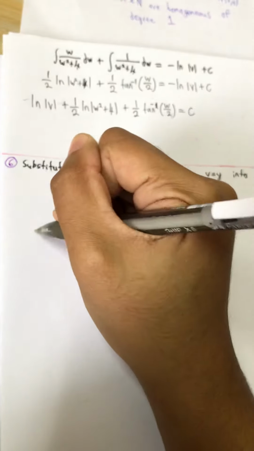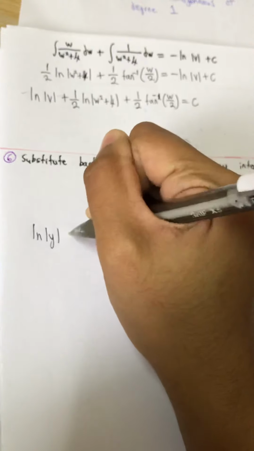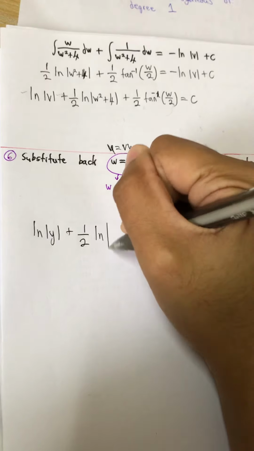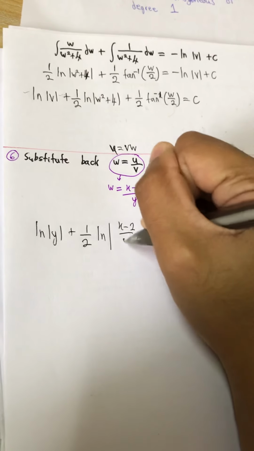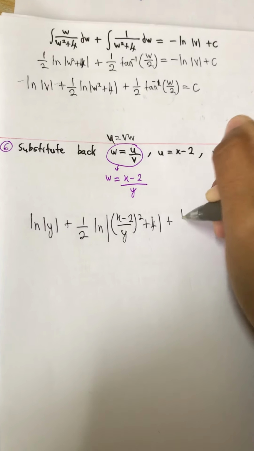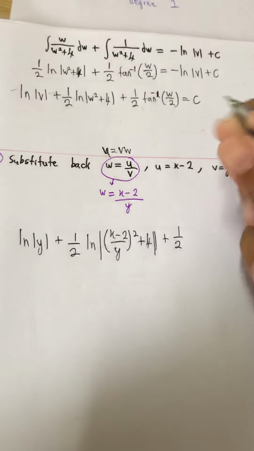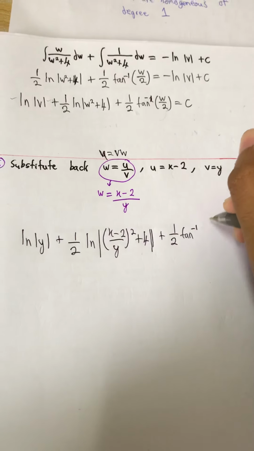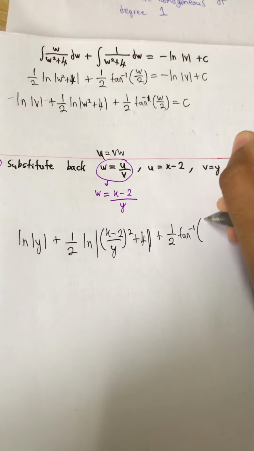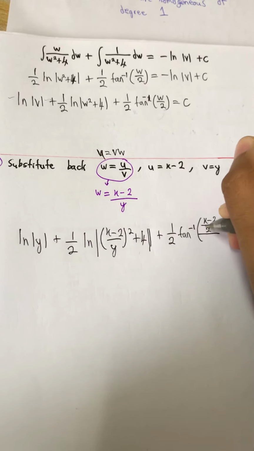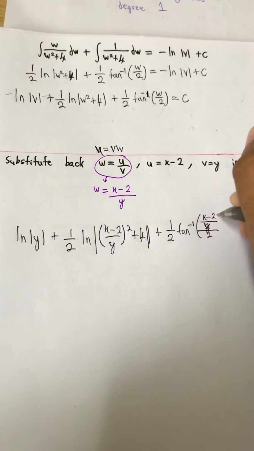So our ln v, where v is y, becomes ln y plus 1/2 ln((x − 2)/y)² + 4, plus 1/2 tan⁻¹ of w, which is (x − 2)/y over 2, equal to c.